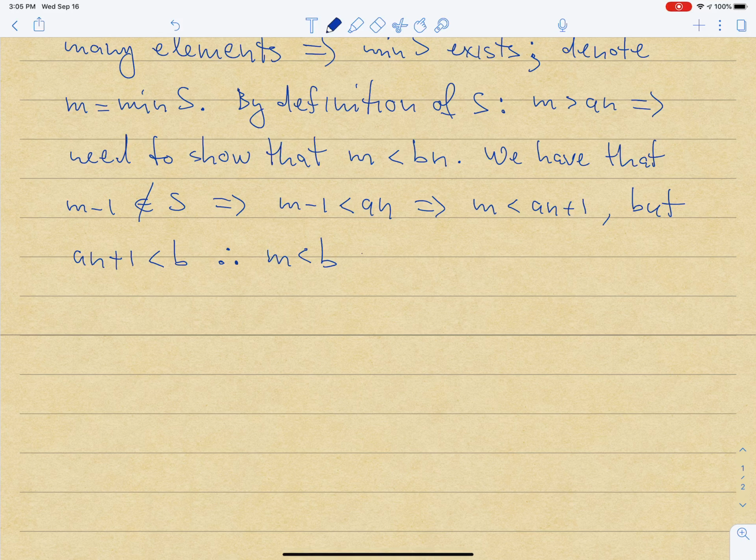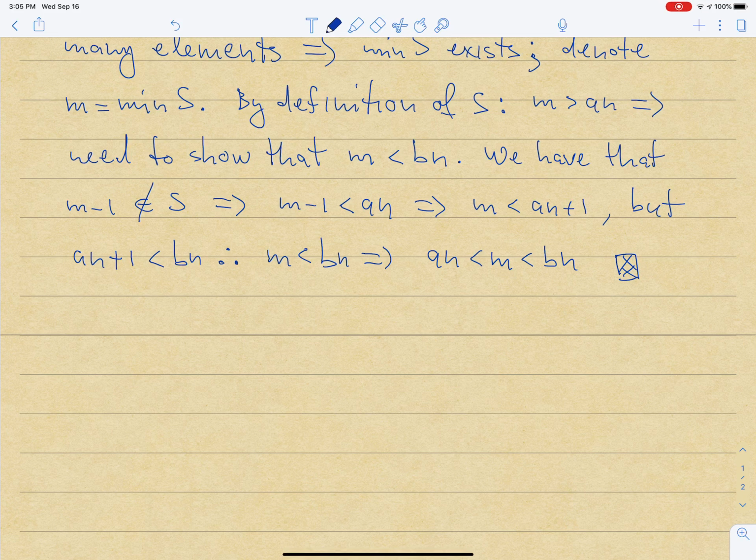So then what we needed to have is that an is less than m, less than bn. And so we're done.